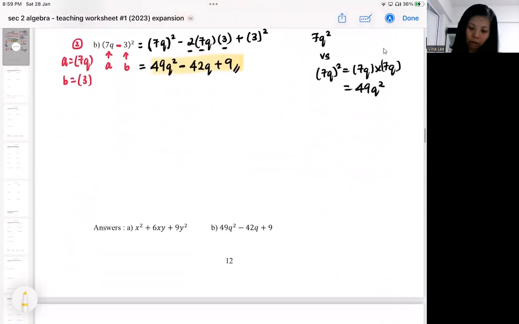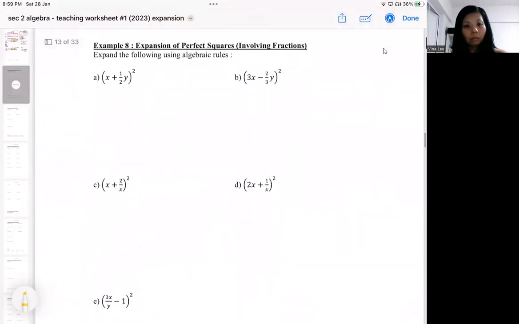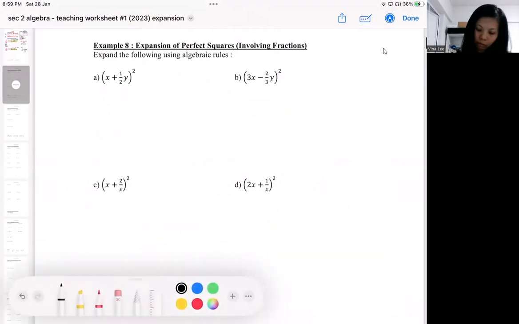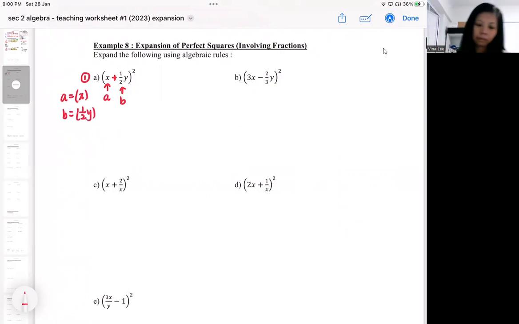Okay, so we go on to the one with fractions. It will be the same thing. If this is a plus, you should use formula 1 and decide your A and decide your B. Your A and B again must come with brackets.